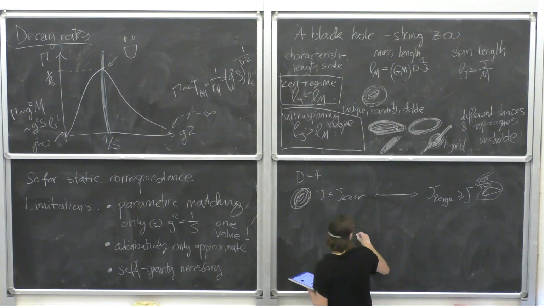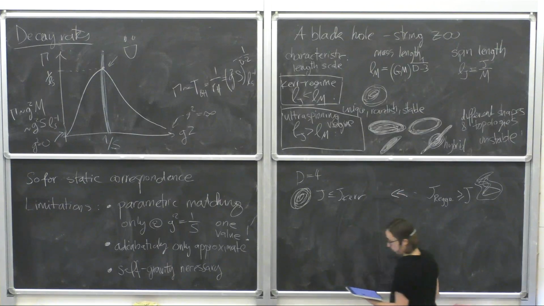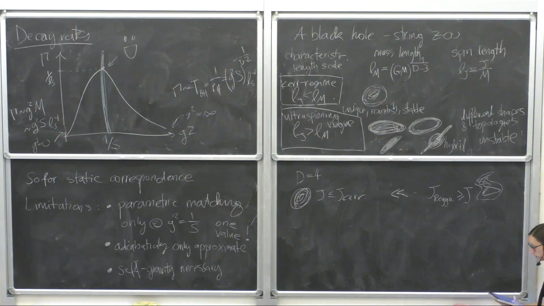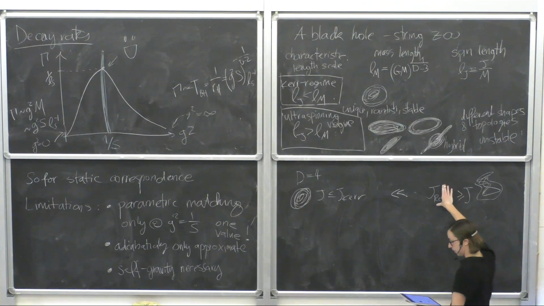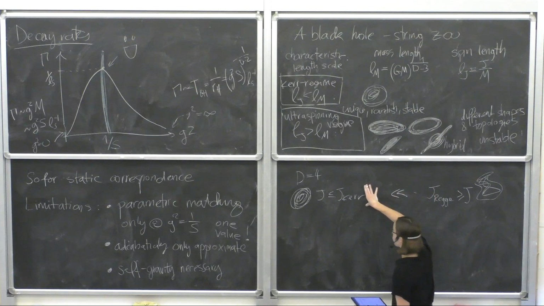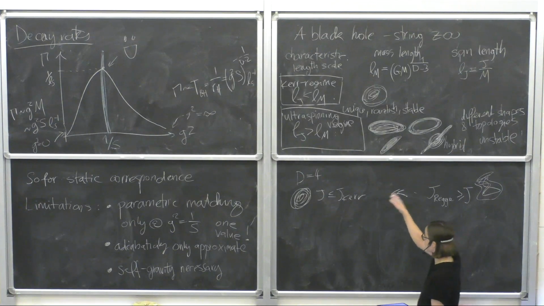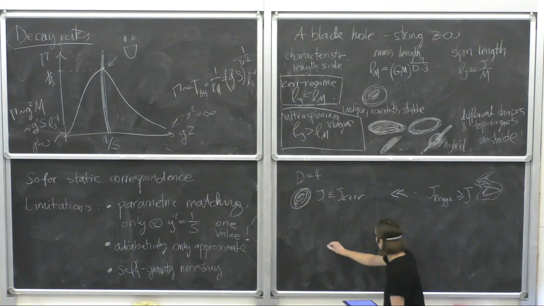In fact, we found that the Kerr bound is much smaller than the Regge bound. So if you go back to the formulas that we wrote down before, on this side we have the mass squared in string units. On this side we have the mass squared in string units times the coupling squared. The coupling is smaller than 1, much smaller than 1. So the Kerr bound is much smaller than the Regge bound.